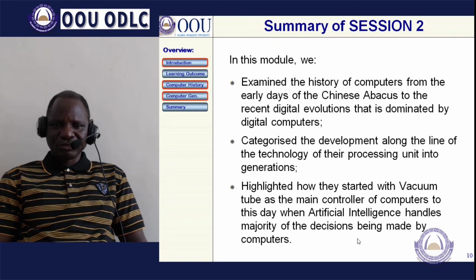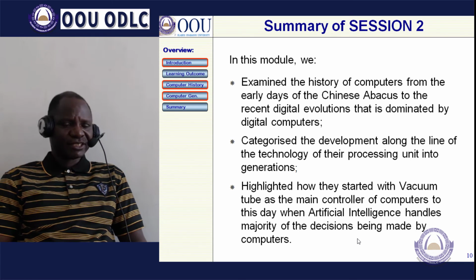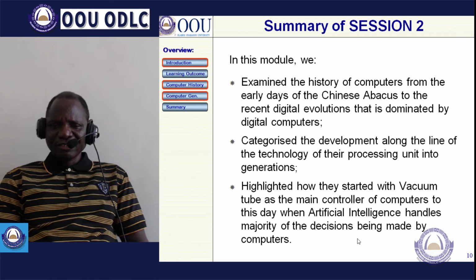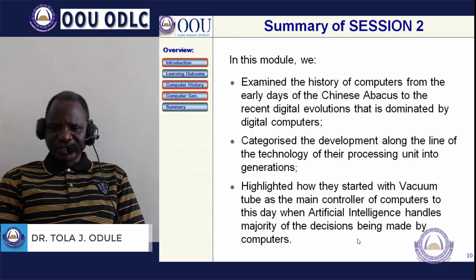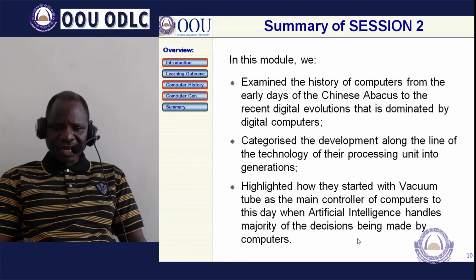And so, in summary, we notice that in this module, we examine the history of computers from the early days of the Chinese abacus to the recent digital evolutions that is dominated by digital computers. Similarly, we categorize development along the line of the technology of their processing units into generations.